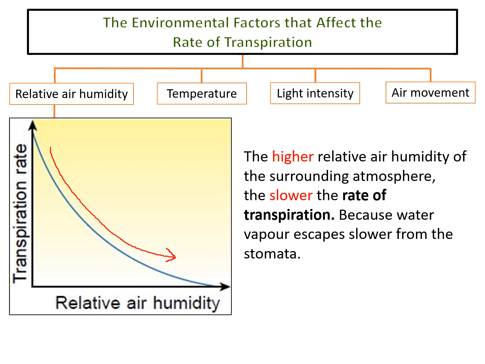I give you an example. 7 o'clock in the morning and 12 o'clock at noon. Which one is high relative humidity? 7 o'clock in the morning. So the rate of transpiration is slower. But at 12 o'clock noon, the relative air humidity is low. So the rate of transpiration is higher.